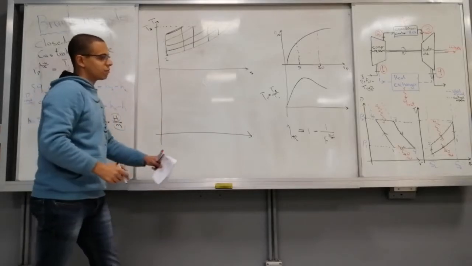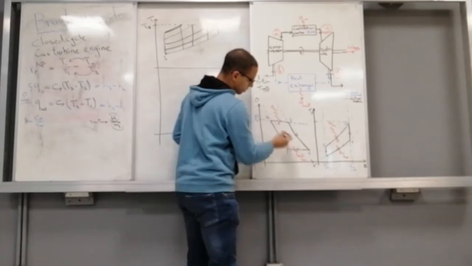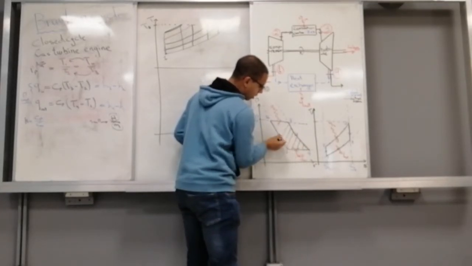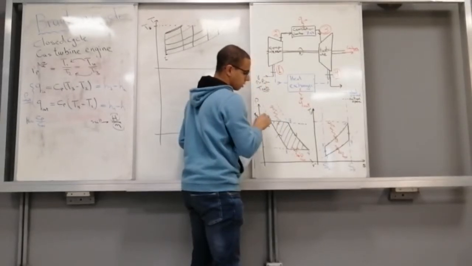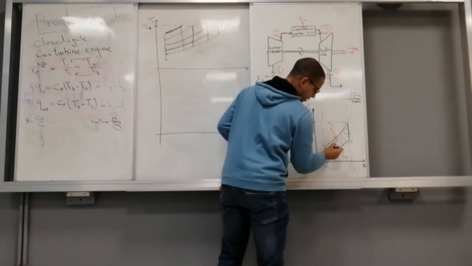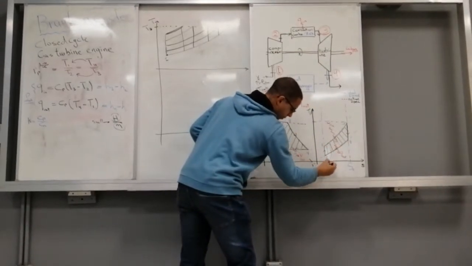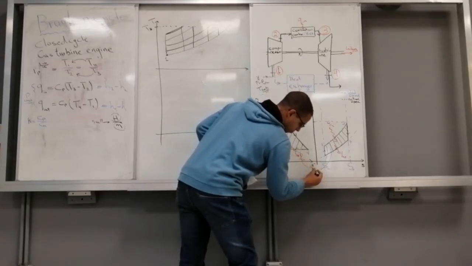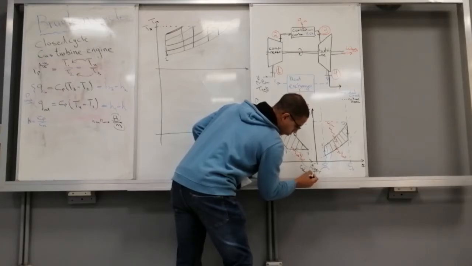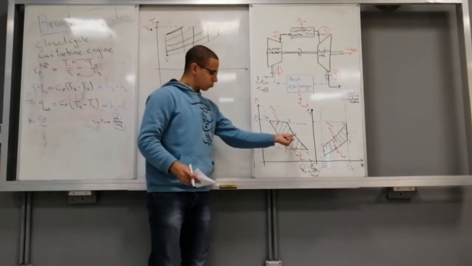We have agreed from the very beginning that the area included in the PV diagram, based on our assumptions, is the work that we get out of the cycle. And also, this area over here, for a reversible cycle, is the Q. Both areas are equal to the net work, which is equal to the net Q. This one is the work.